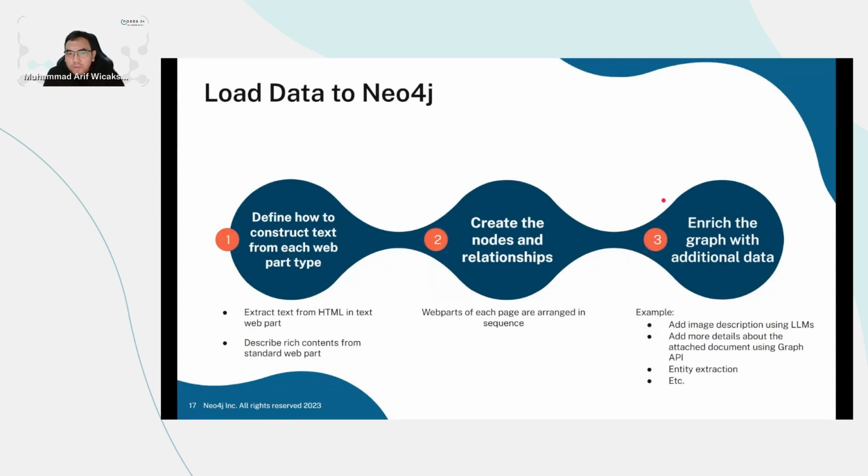And the last part to load the data is that we can enrich the graph with additional data. Like for example, before I showed about the image defining the troubleshooting workflow. Although this is helpful for the reader, it can be difficult for the reader to search it because it is represented as an image. So we can leverage LLMs to add image description.